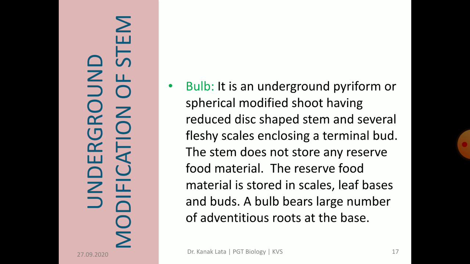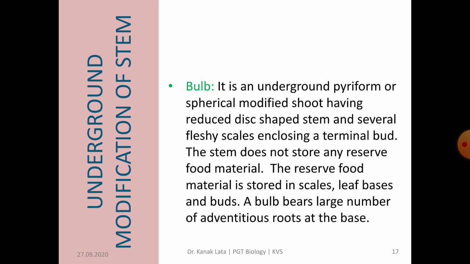Next underground modified stem is bulb. The common example of which is onion. Bulb is an underground pyriform or spherical modified shoot having reduced disc-shaped stem and several fleshy scales enclosing a terminal bud.